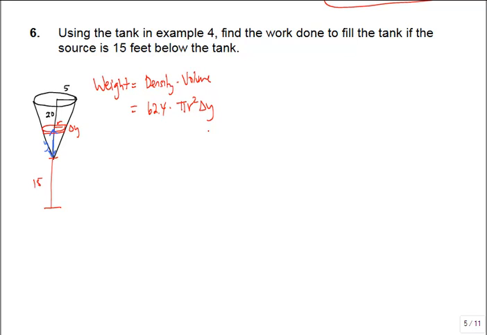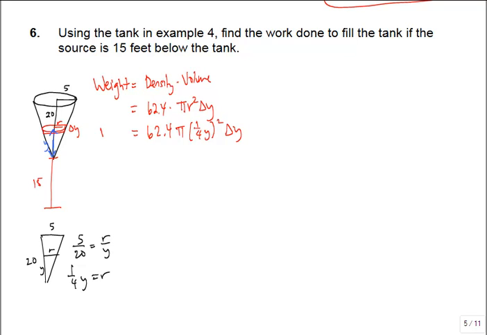Area times height. And this radius function, just like before, is going to be the same since we're dealing with the same similar triangles, 5 to 20, r to y, so 5 over 20 has to equal r over y, so 1/4 y equals r. So far nothing has changed from the last example.